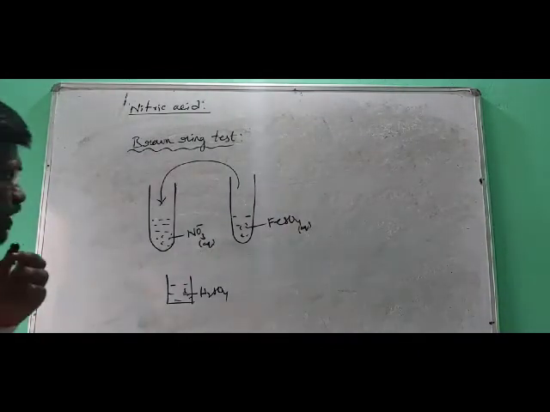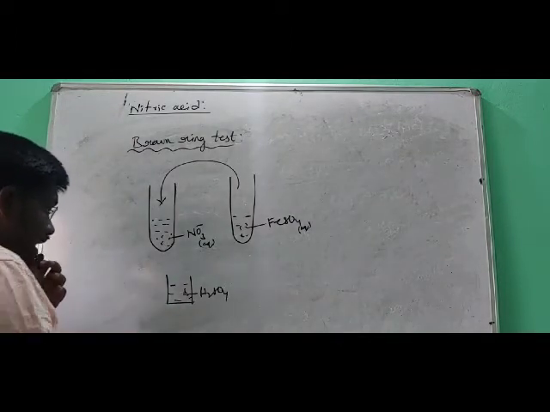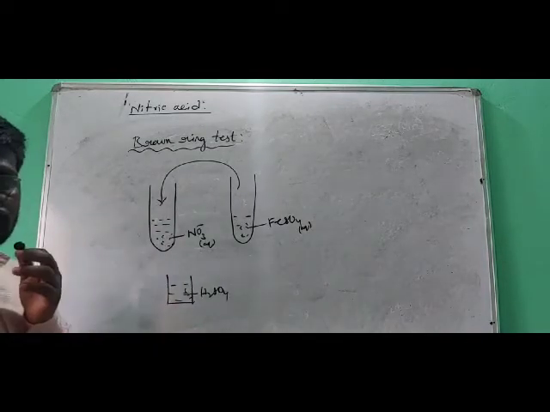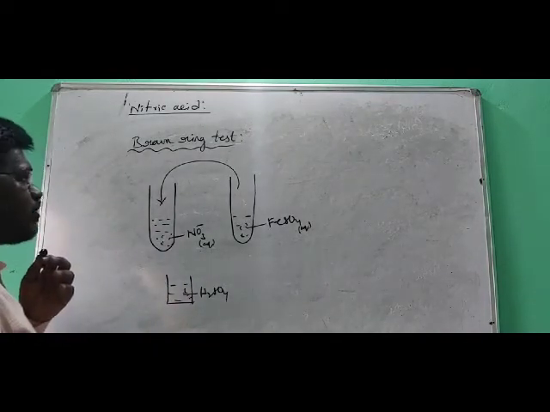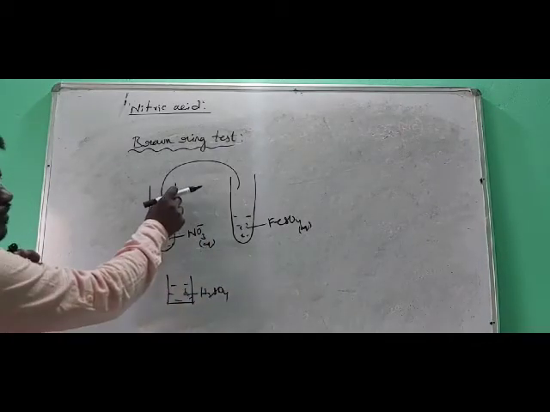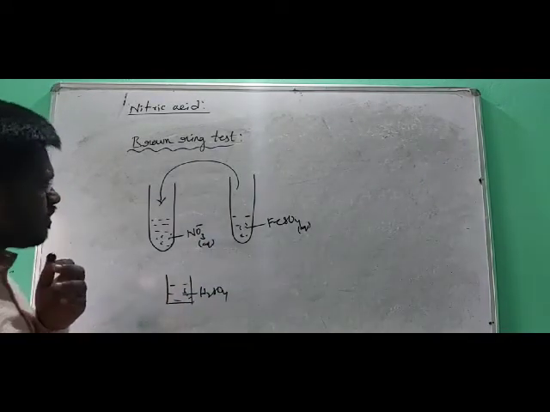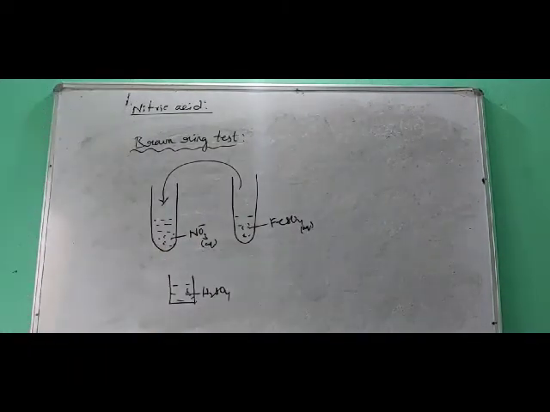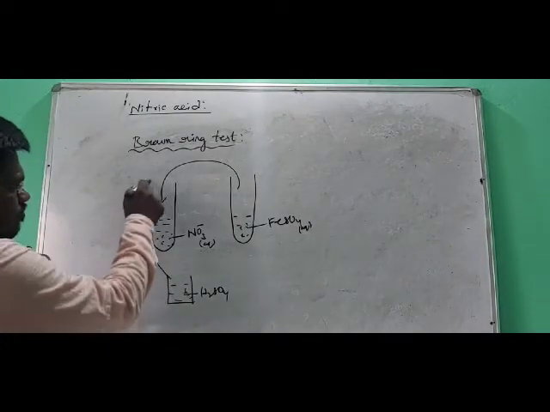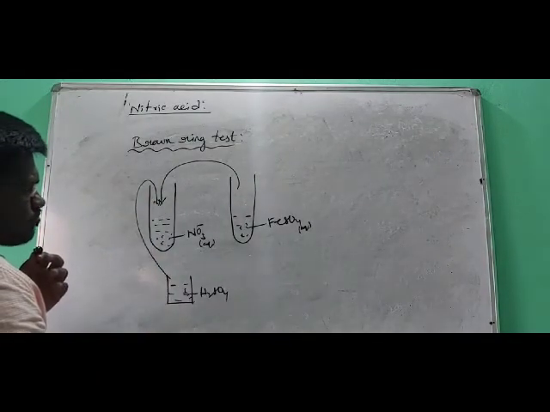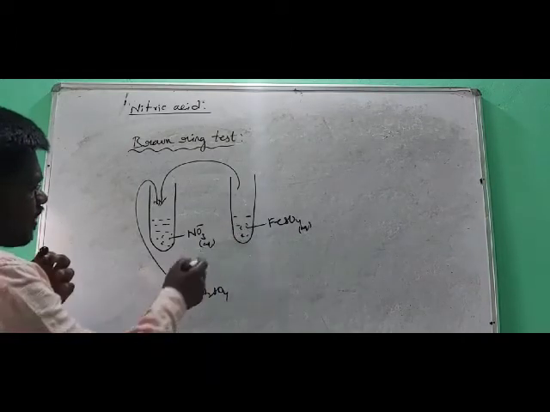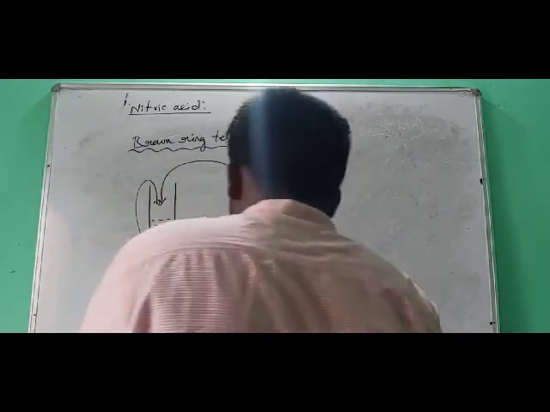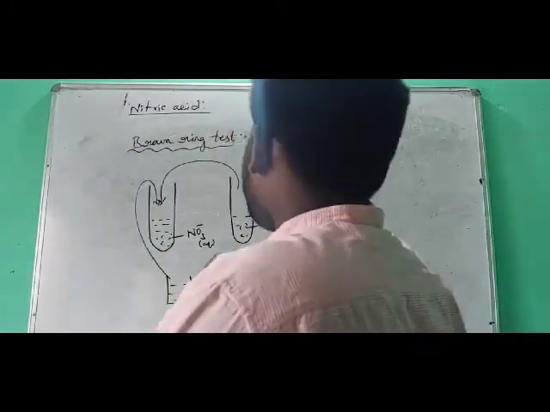And after that, by using a dropper, we need to add sulfuric acid along the walls to the solution containing nitrates and ferrous sulfate. So finally, in this test tube, we have added ferrous sulfate and sulfuric acid. Already in this one nitrates are present. Now let us see what kind of reaction takes place among these three.